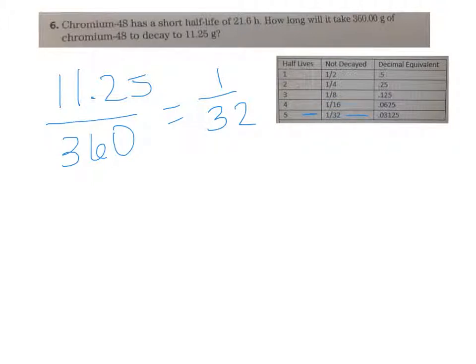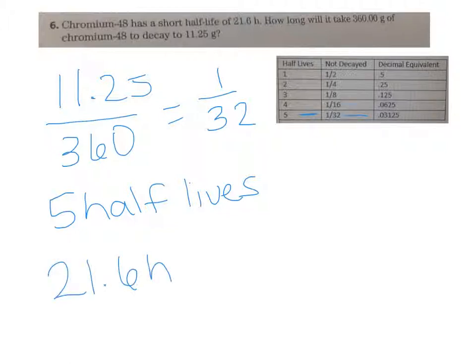So how many half-lives is that? 5. It's 5 half-lives. Did the problem ask for the number of half-lives? No, the problem asked for how long it would take, right? So it's wanting the total amount of time. You're given the length of one half-life, 21.6 hours.